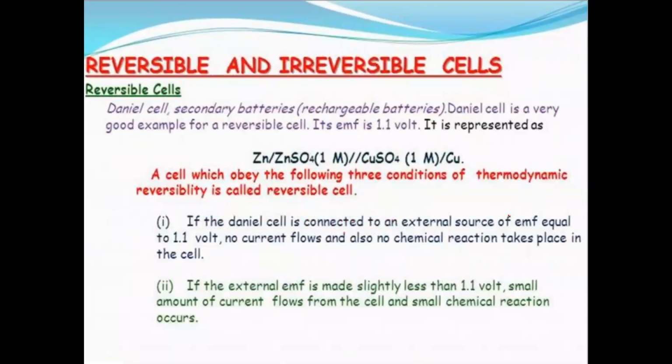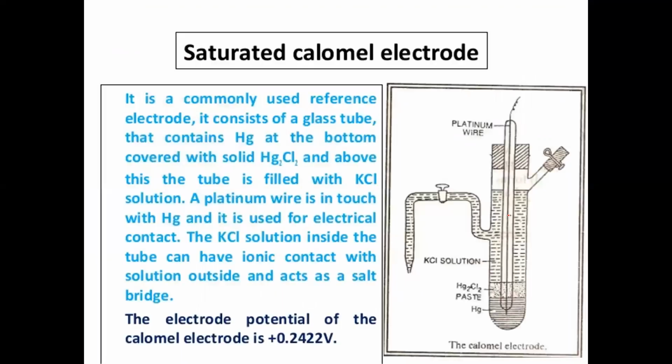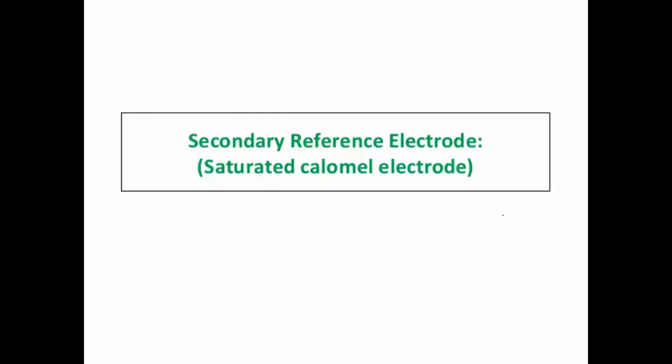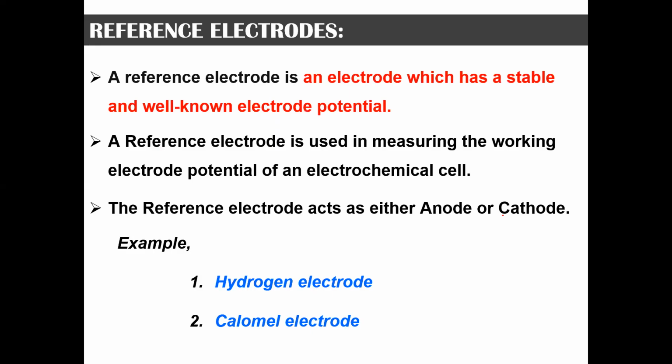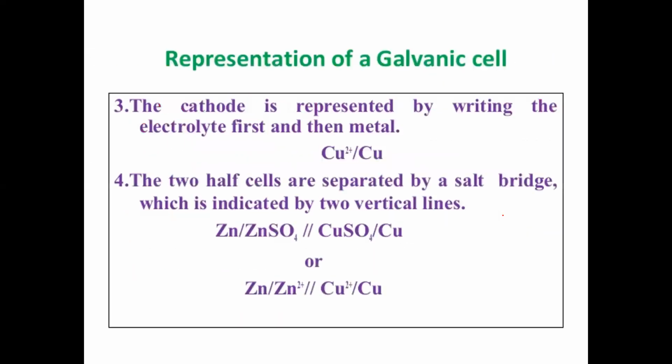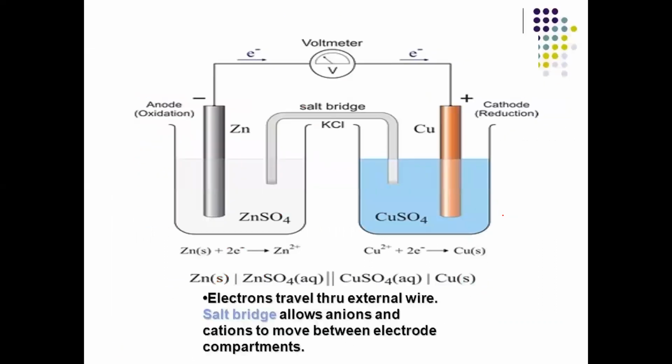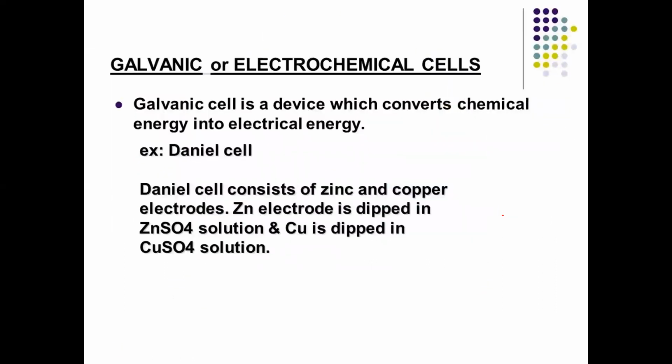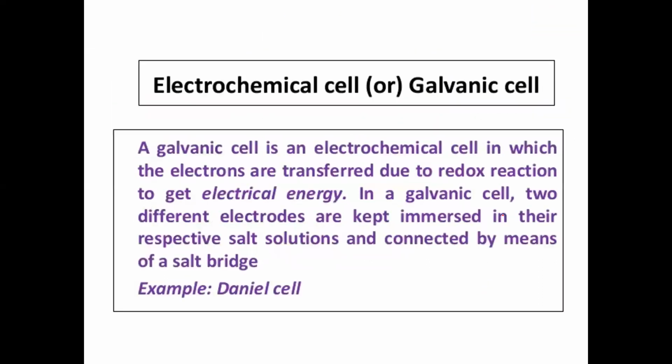Reversible and irreversible cells are important, and the reference electrodes, calomel electrodes, construction of calomel electrodes, and cell reactions, hydrogen electrodes, single electrode potential, and Daniell cell construction and cell reactions, representation of a cell.